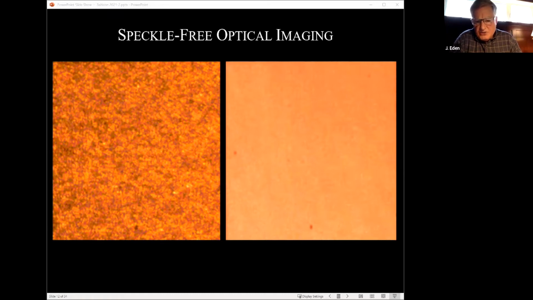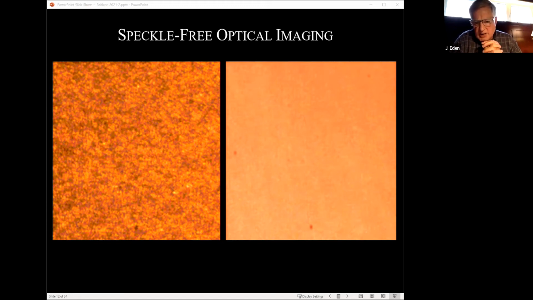These two slides are images taken of two different versions of the laser that I showed you a few moments ago. On the left, we only had 5 microlasers in operation. And these 5 microlasers are diffracting in the far field, and they're striking a surface. And you can see all of this, the gradations, the changes in intensity that are recorded by the detector.